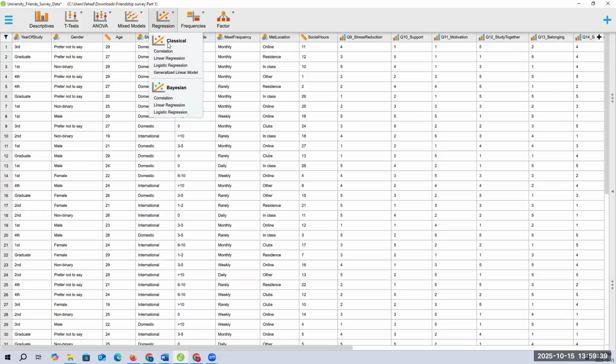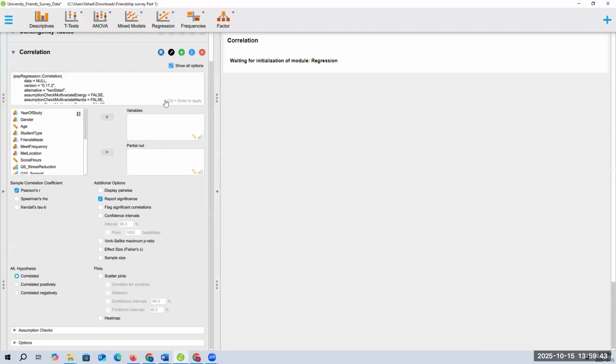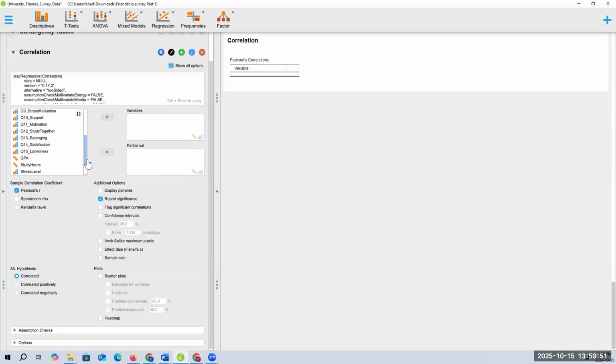So let's go to regression, and then correlation, and then we can select continuous and ordinal variables. Let's go to where we had our social hours.